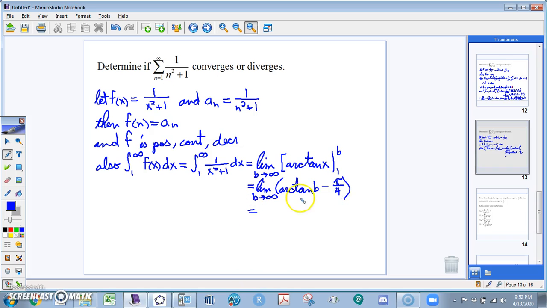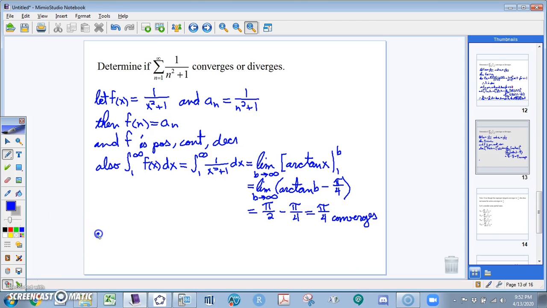So as b goes to infinity, the arctangent function, because of that horizontal asymptote, approaches pi halves. So I get pi halves minus pi fourths. I get pi fourths. Or, in other words, this improper integral converges.